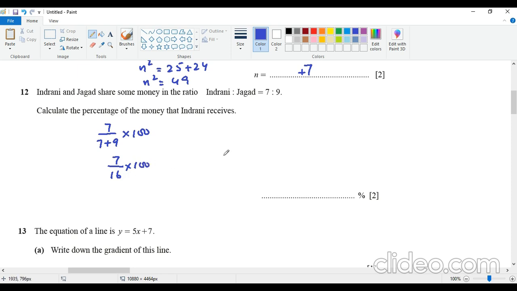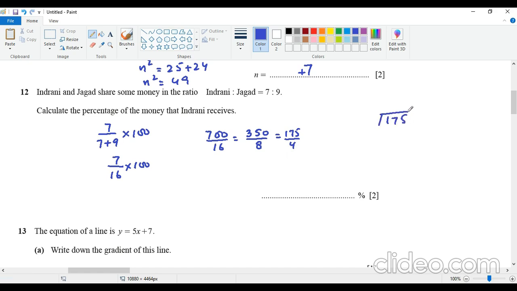Now since calculator is not allowed, this is going to be 700 over 16. Further reducing it, it's going to give us 350 over 8, and then 175 over 4.